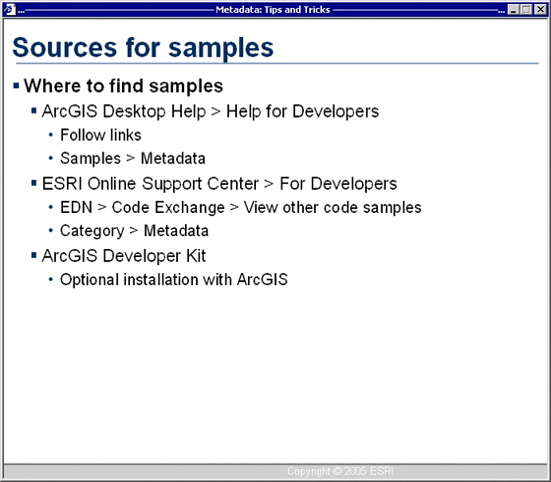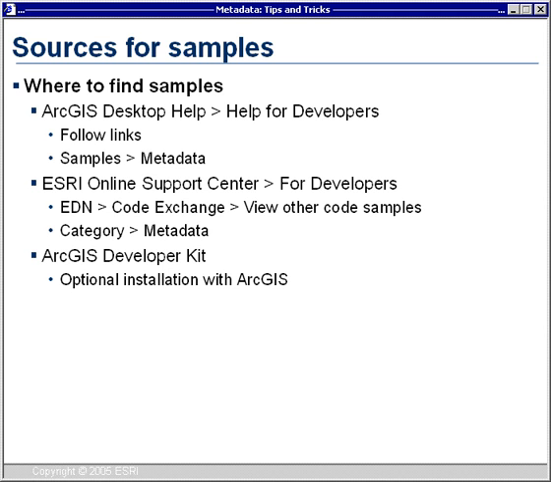How can you go about finding these samples? Well, there are several ways that will get you to exactly the same information. From ArcCatalog, you can access the ArcGIS Desktop Help, scroll to the very bottom to Help for Developers, and then follow the links. Or go to the ESRI Online Support Center, where the For Developers tab will take you to the ESRI Developer Network, where you'll find the Code Exchange.